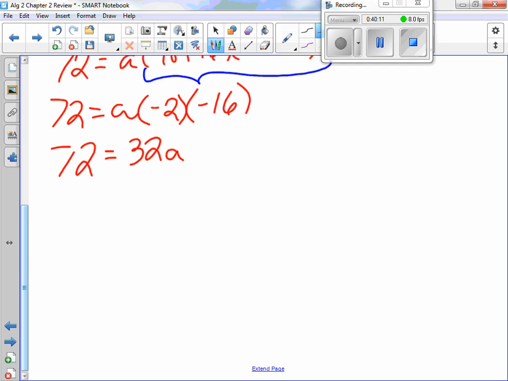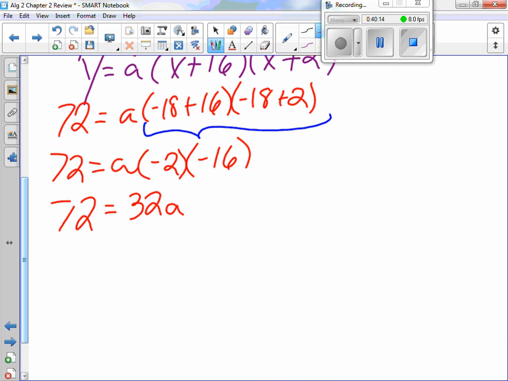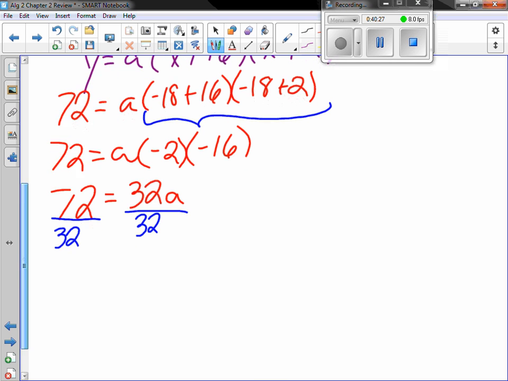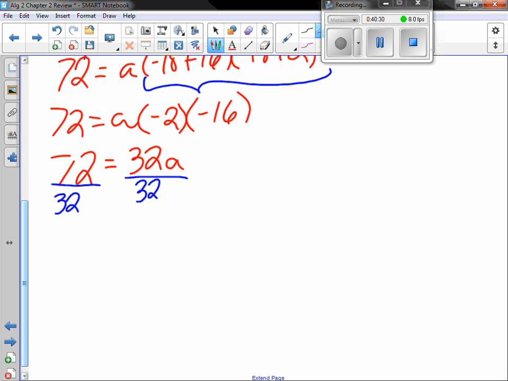We multiply those together, we get 32 because a negative and a negative make a positive. And then we're going to divide both sides by 32. It would be nice if it was 36 because that would reduce it to 2. But this here reduces to 9 over 4.